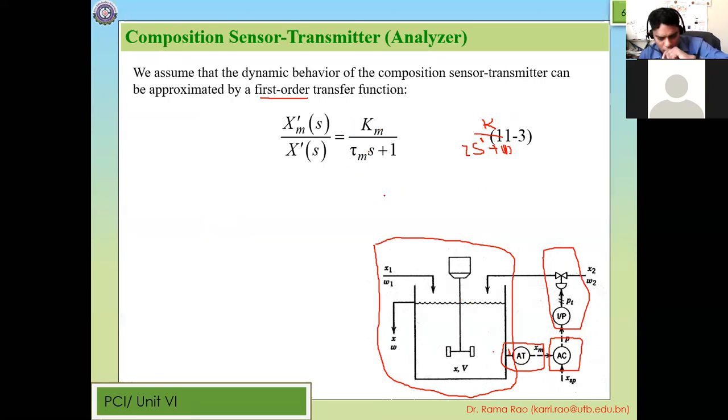Since we are focusing on measurement, we put the subscript m. This m stands for measurement. So this is the steady state gain for the measuring element, and this is the time constant for the measuring element. This is the transfer function for the sensor transmitter.